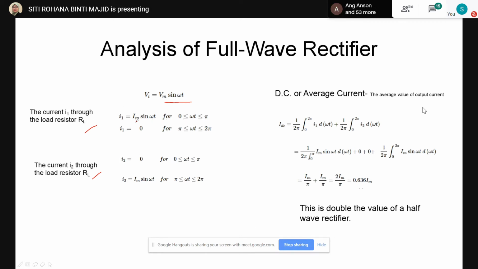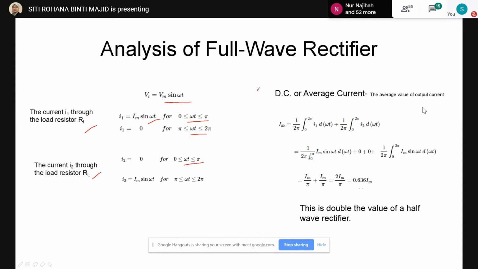For I1, we have the maximum current Im sine omega t for this region, from theta 0 until 180, and I1 equals 0 for the other angle. For I2, the same thing: I2 equals 0 for angles below or equal to 180, and I2 equals Im sine omega t for omega t between pi and 2 pi.